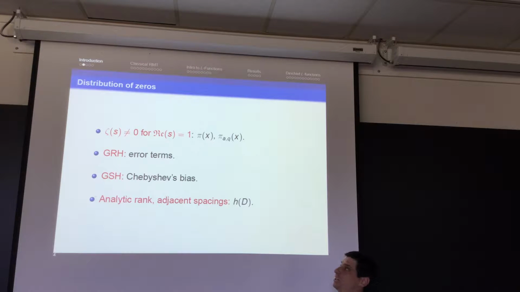It turns out that that is one of the key statements that we need in understanding Chebyshev's bias as to why there are more primes most of the time that are 3 mod 4 versus 1 mod 4. You need a certain flow to be equidistributed on some space. Let's say you look at multiples of an irrational number alpha.